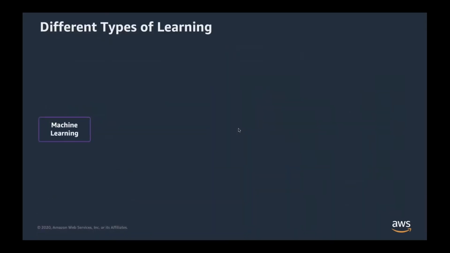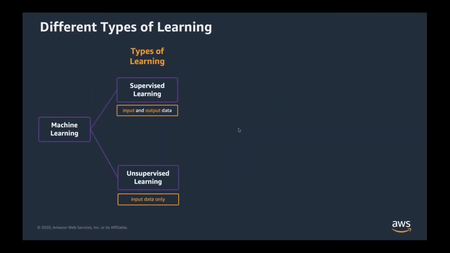So there are different types of machine learning algorithms. Two of the more popular types are supervised learning and unsupervised learning. When it comes to supervised learning, you require the inputs as well as the outputs.